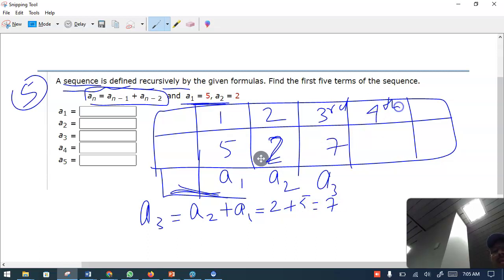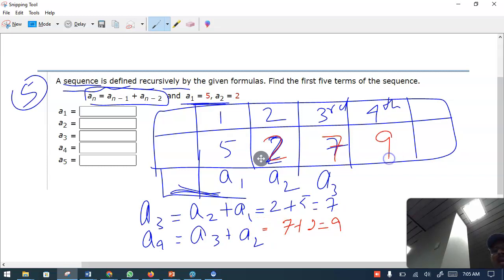If you want to find the fourth one, A4, you're going to add A3 plus A2, the previous two terms. That means you're going to add 2 and 7. So that is 7 plus 2, which is 9.